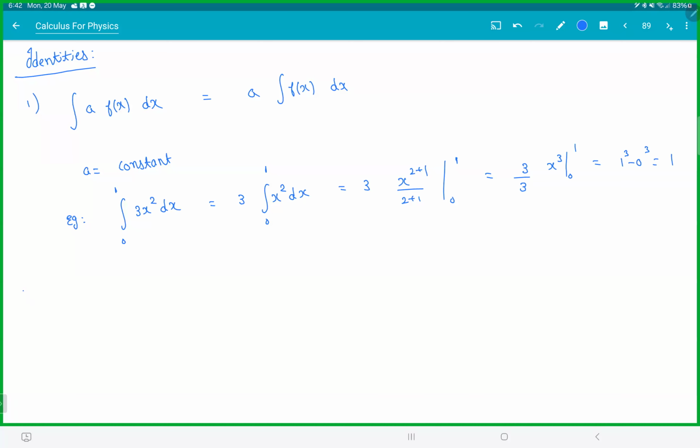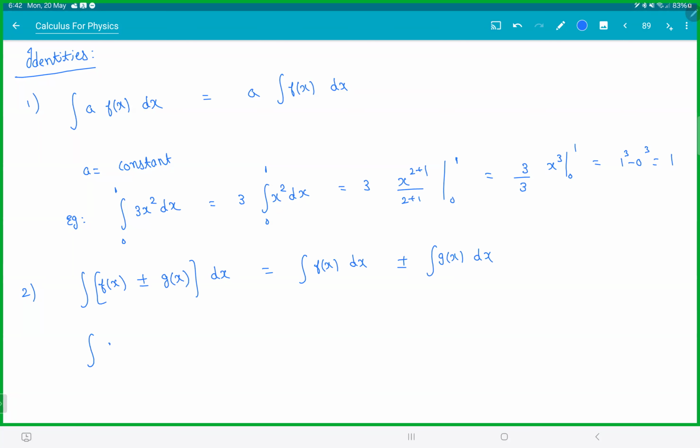Right? And then the second identity, if you have a function f of x plus or minus g of x dx. So if you have 2 functions like this, you can just split them, integral f of x dx plus or minus integral g of x dx. Same thing we did in differentiation also.